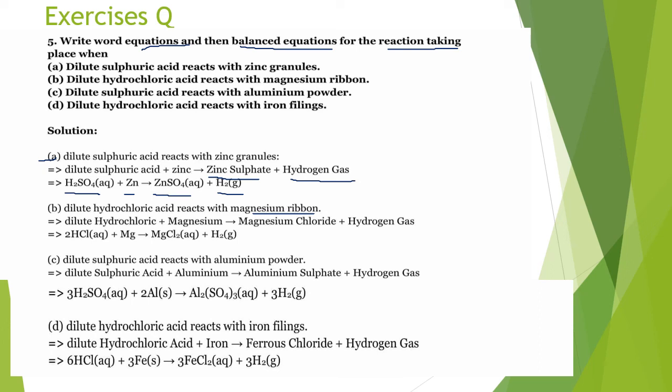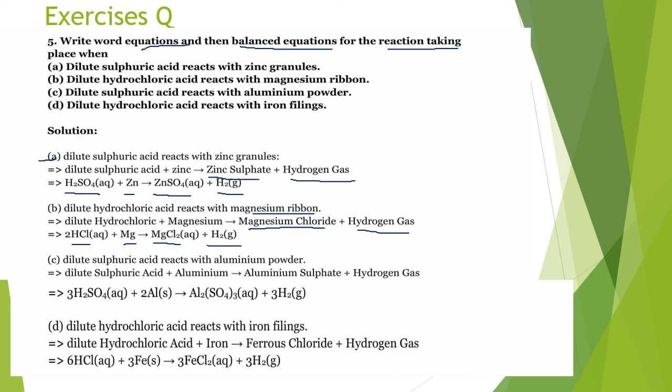The salt formed is magnesium chloride, and hydrogen gas is liberated. Formula: HCl plus magnesium Mg to form MgCl2 and H2. Balanced equation: 2HCl plus Mg to form MgCl2 plus H2.